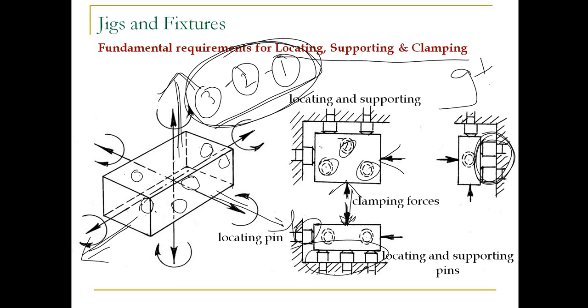So 9 plus 3, that is the remaining one and this one, we will be able to achieve 12 degrees of freedom locked, and the workpiece, block or job will not be able to move or shift in any direction.